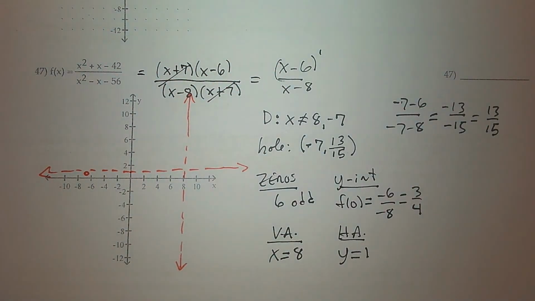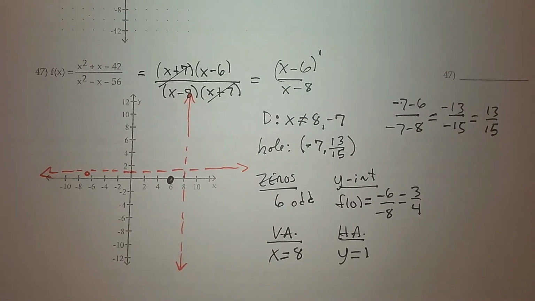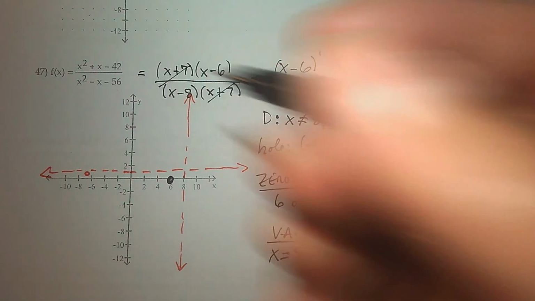Just below, right, the asymptote. It's not quite 1. We have a zero at 6. And we have a y-intercept at positive 3/4.